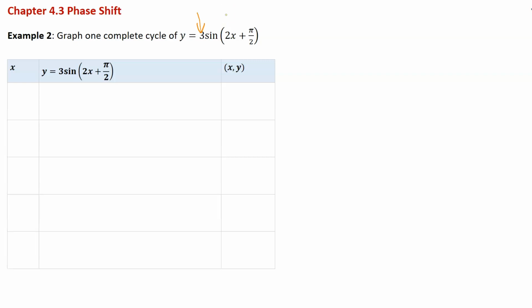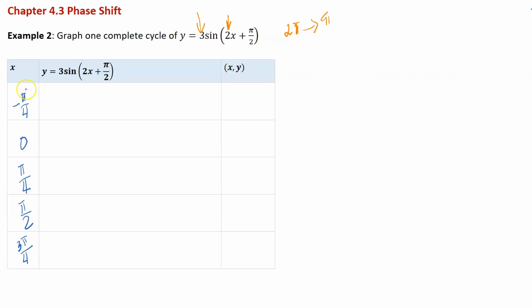We also previously learned that the coefficient 2 next to x will shorten the period of the sine graph by 2, from 2 pi to pi. So we will use multiples of pi over 4 rather than multiples of pi over 2 for the values of x, just so they're a little bit closer together.